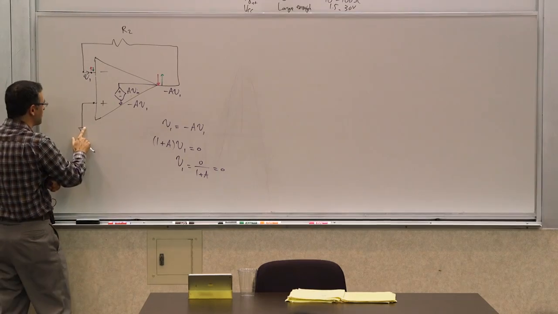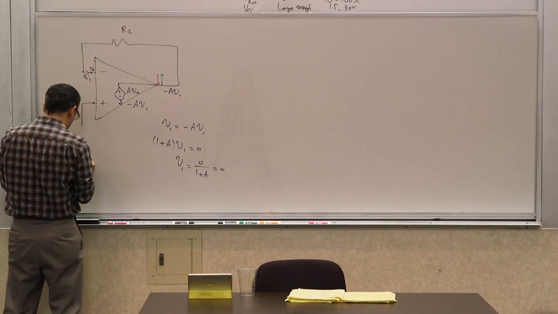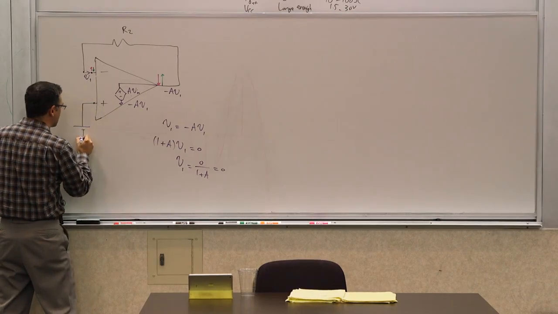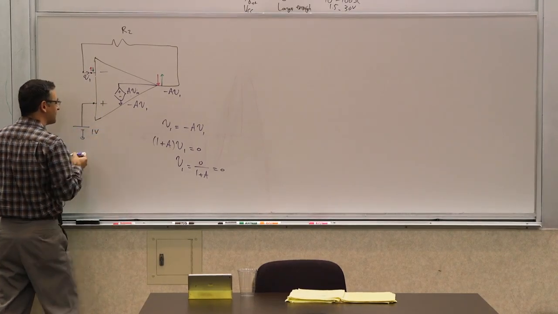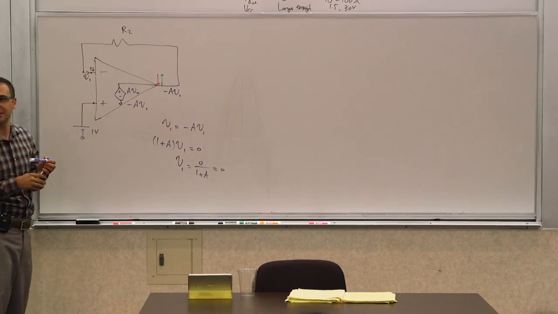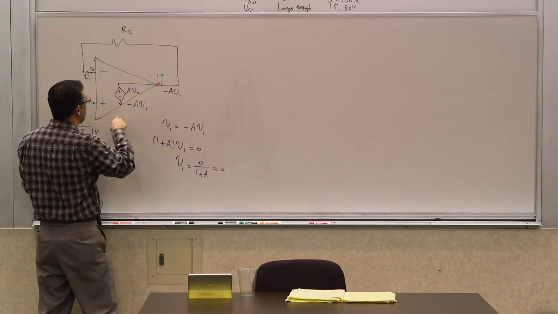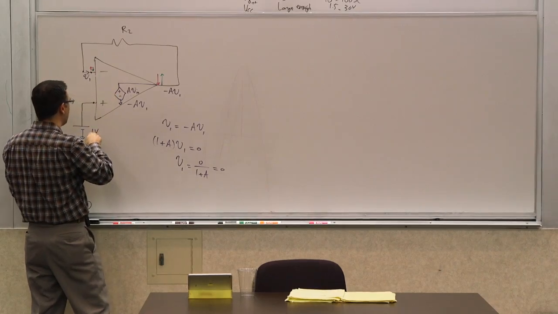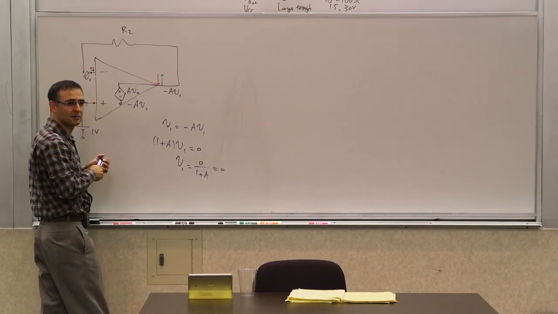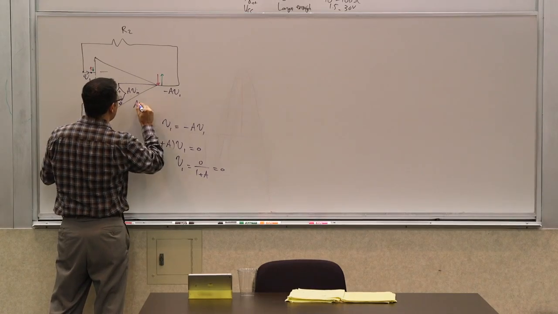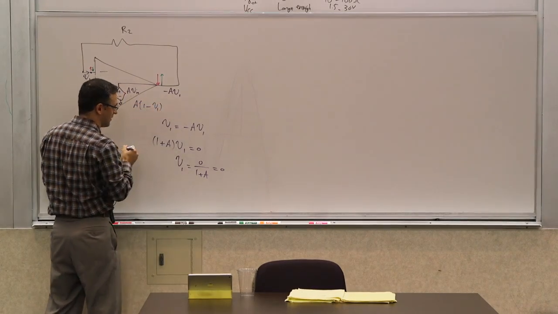Now, let me ask you a question. What if I had a voltage source here that had a different value? Let's say I put a battery here of 1 volt. What would change in this analysis? So let's see. A times V in. What is V in now? V in is 1 minus V1, right? So now this becomes A times (1 minus V1).